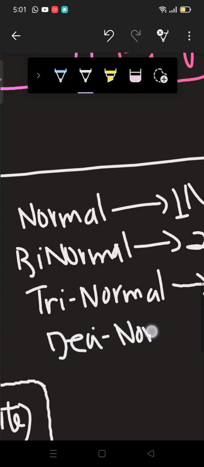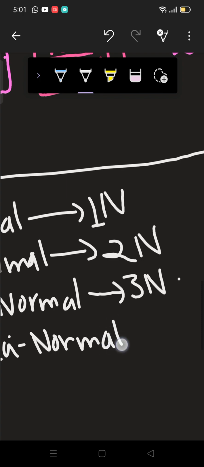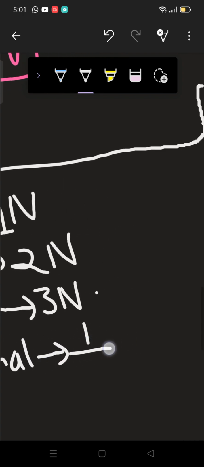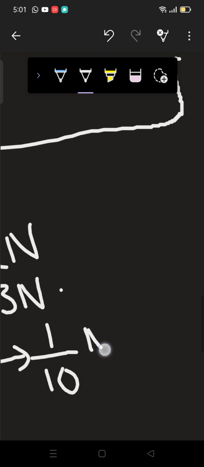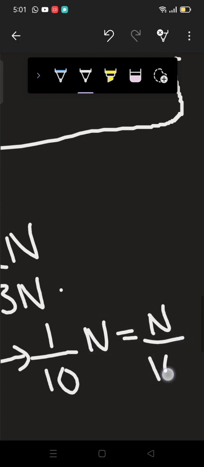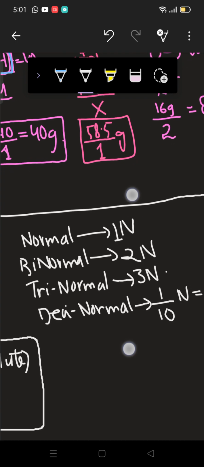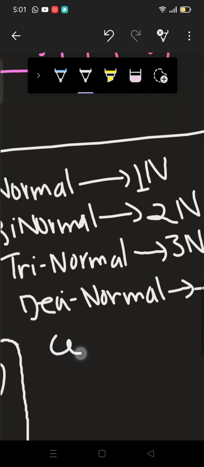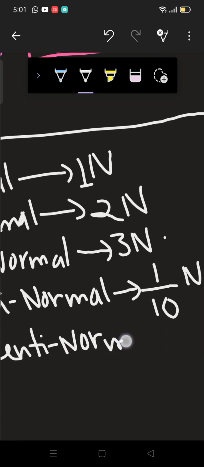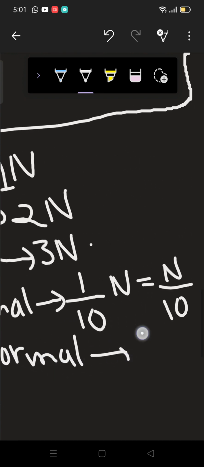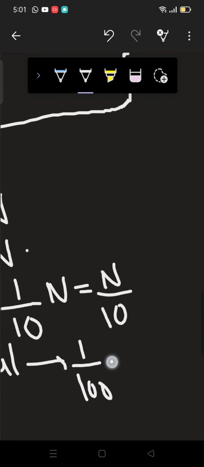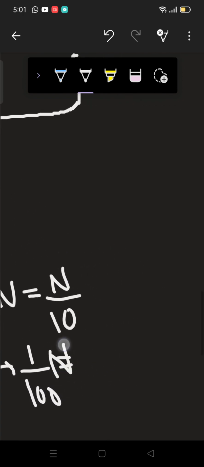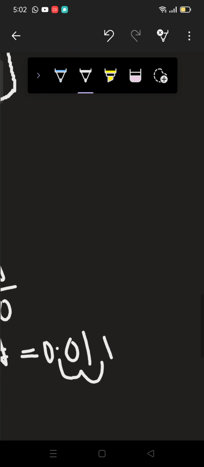We have decinormal, which means the normality is a 10th part, N by 10, or 0.1 N. We have centinormal, which is a 100th part, 1 upon 100, which is equal to 0.01, so 10 power minus 2.